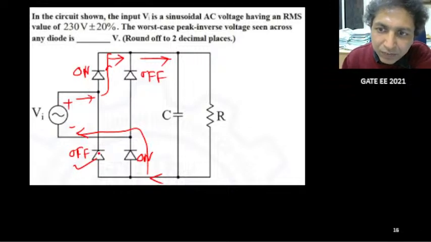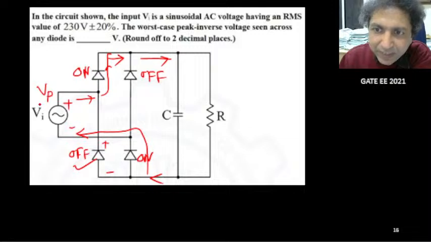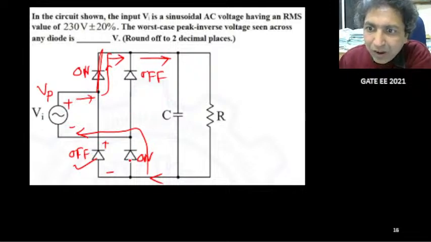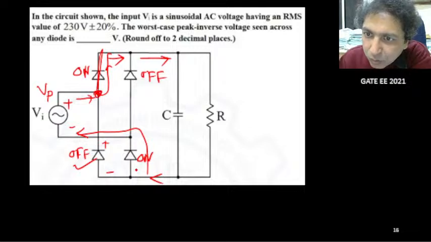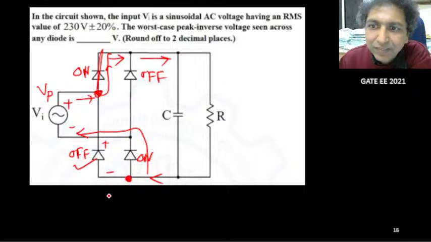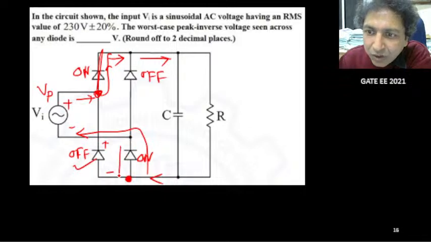Now when it is off, what is the potential across this point? That is what we are interested in. If the peak voltage is Vp, then at one time it will attain peak voltage Vp. If it is ideal, it is shorted. Now I can take any one loop, simply from this end to this end. You can see this diode is on, so it is shorted.